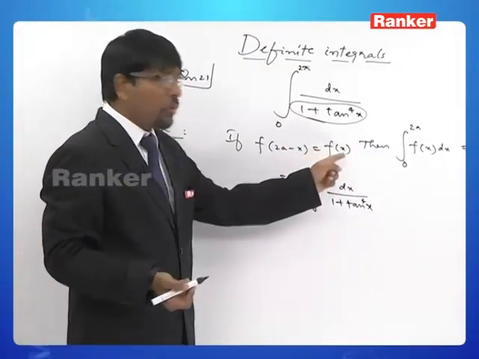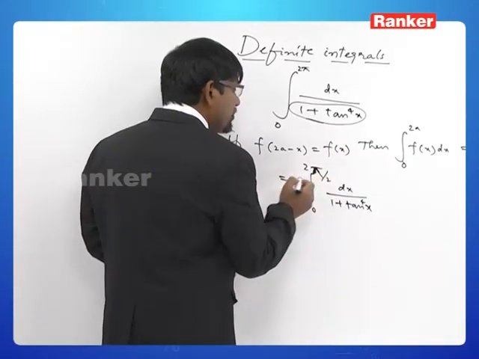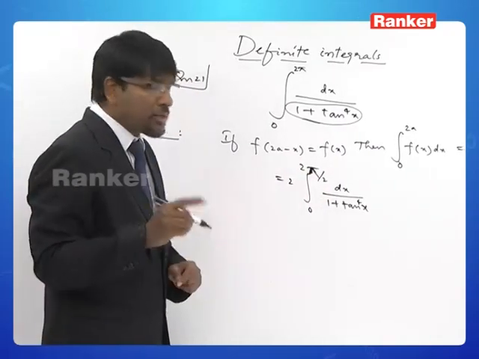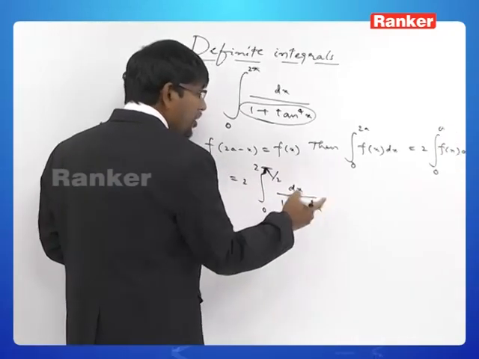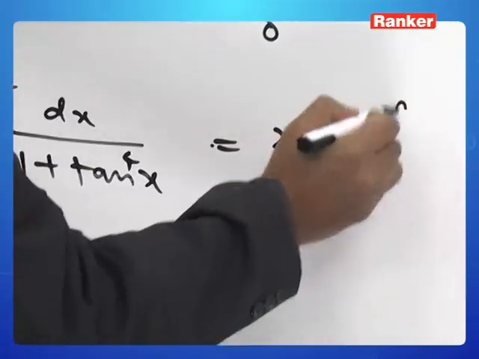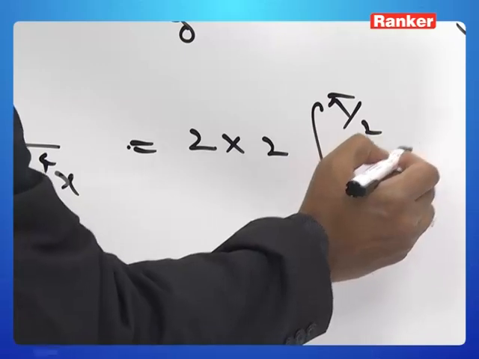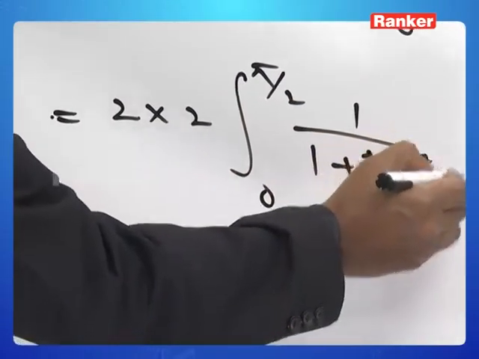Again we can treat this as 2 times pi by 2. Again tan of pi minus x is minus tan x raised to the power 4 will give me same thing. So, I can again write this as 2 times 2 into integral 0 to pi by 2 of 1 upon 1 plus tan x power 4 dx.